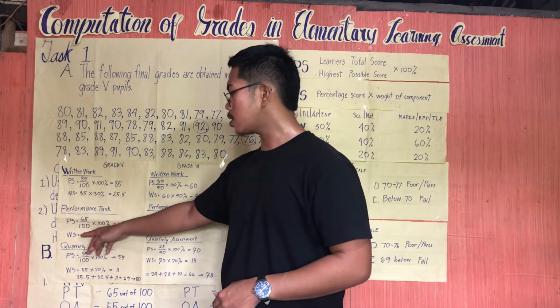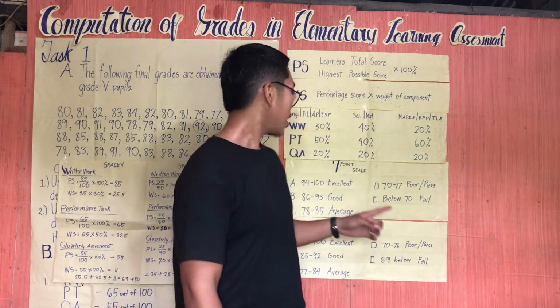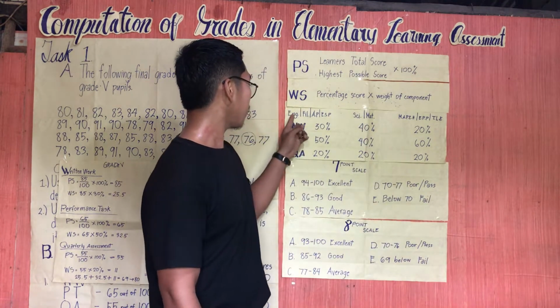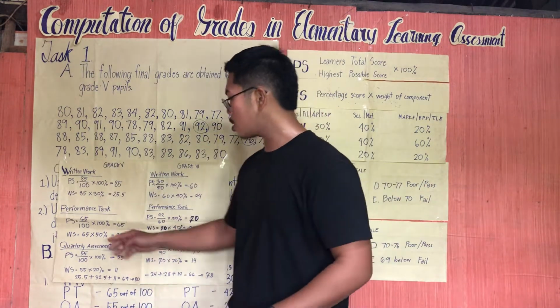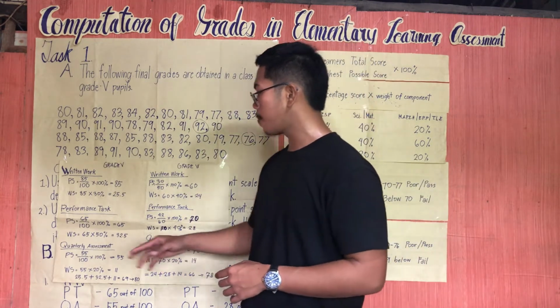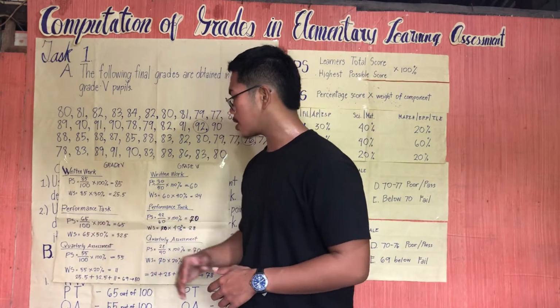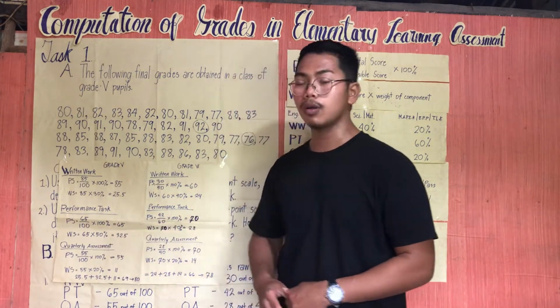The weighted score, 65 times 50%, because the weight of component of English performance task is 50%. And so we use that to find the weighted score of the performance task. The answer of 65 times 50% is 32.5.